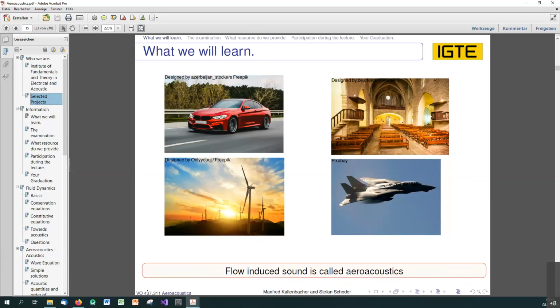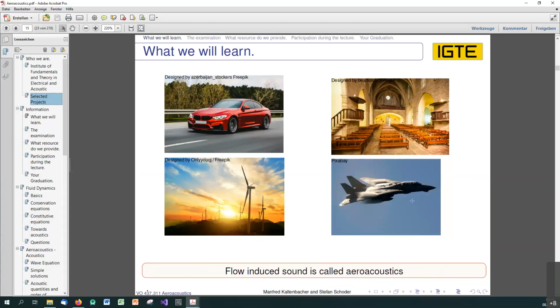We will learn what type of noises we can expect when a car is driving, when we do some energy harvesting and have rotating geometries. Then we can also interpret with these models how typical musical instruments work.